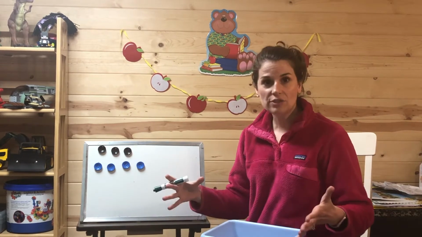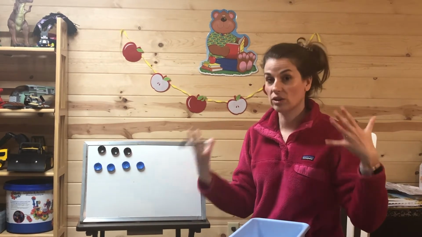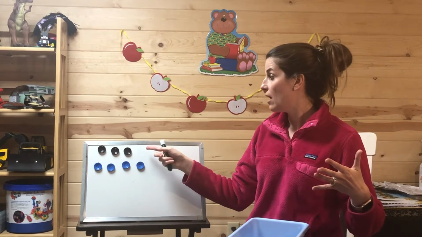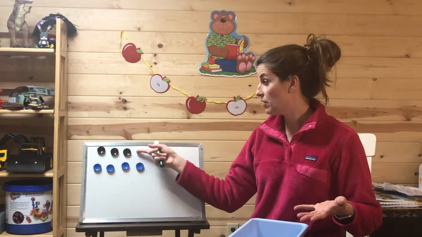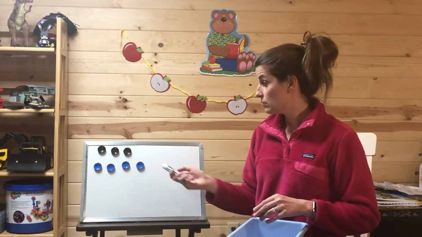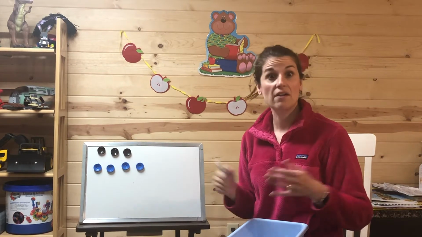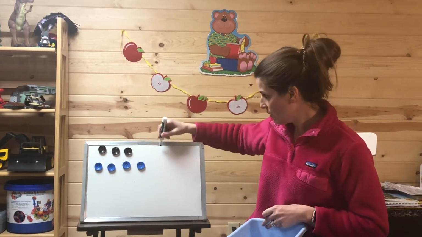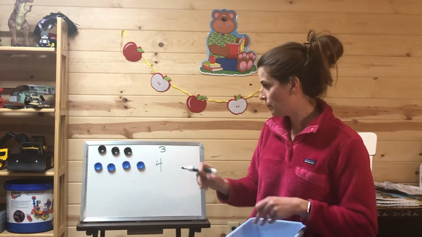Now, what can you tell me already by looking at them? Thinking of greater or less, the blue would be greater than the black, right? So 3 is less than 4. Okay, so I'm going to put a little 3 here and then a 4 here.